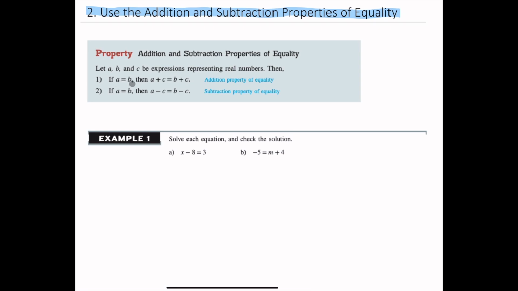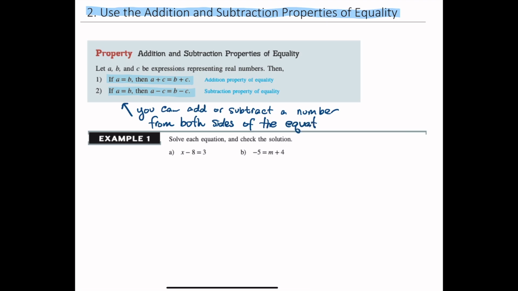The first statement says if A equals B, then A plus C equals B plus C. The second statement says if A equals B, then A minus C equals B minus C. All this is really saying is that you can add or subtract a number from both sides of the equation, and it's still true. So this is a technique that we can do to solve an equation.